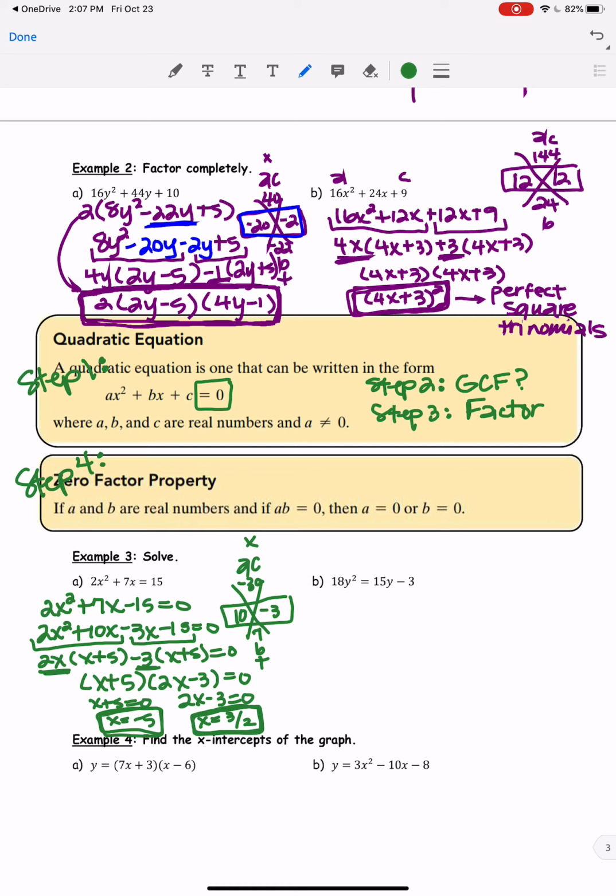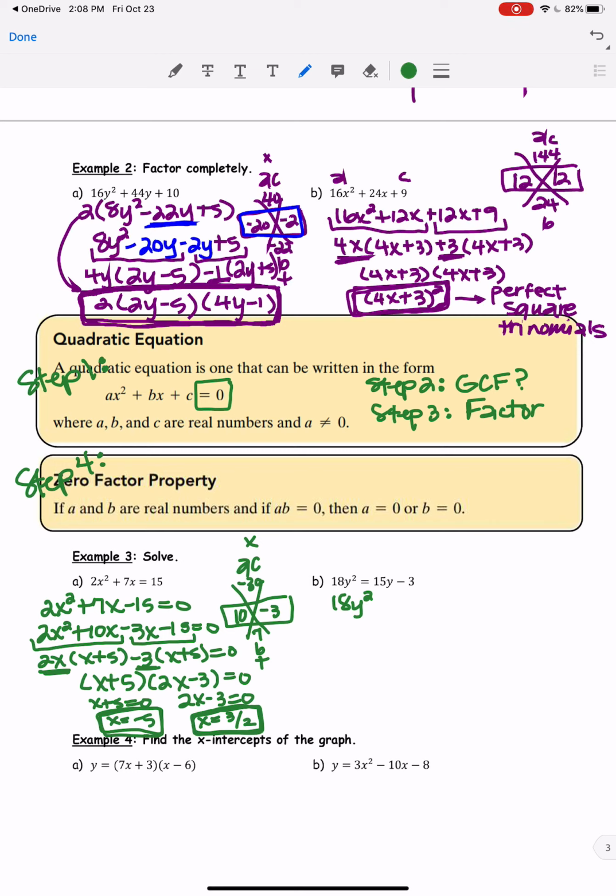B is the same thing. We're solving. So does this equal 0? And it does not. So a lot of us might be tempted to move this 18y squared over because that's only moving one term. But you want that y squared term to be positive. So versus, I'm going to move these other 2 over. So I'm going to have 18y squared.